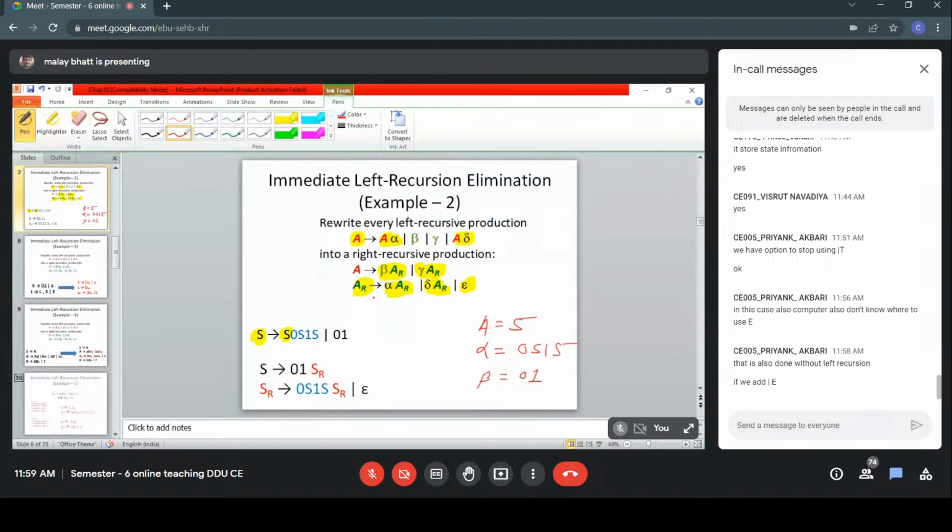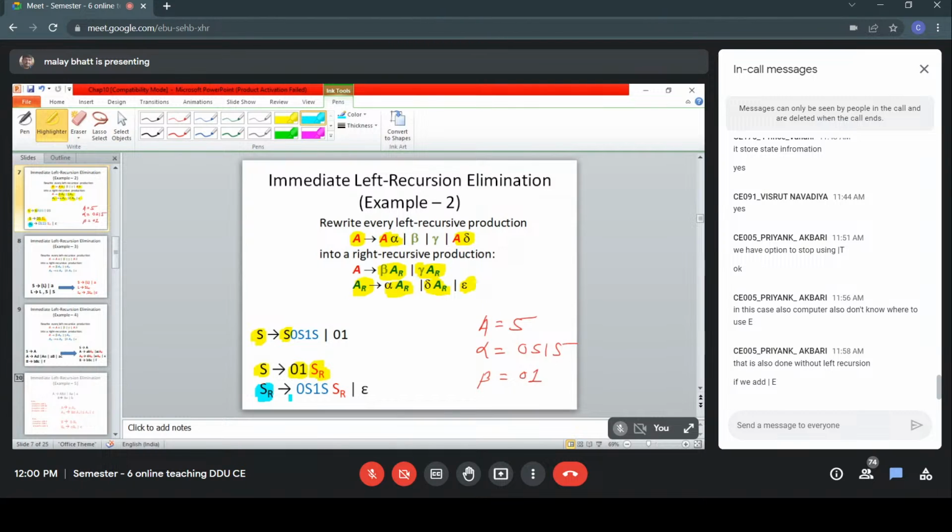So now as per the rules, we'll write A gives beta AR, so we are writing S gives beta, so beta is 0 1, AR, so that is SR. And you can take any non-terminal as a new symbol. Now for this SR, we'll write AR gives alpha AR.